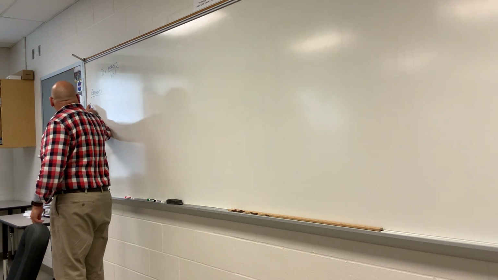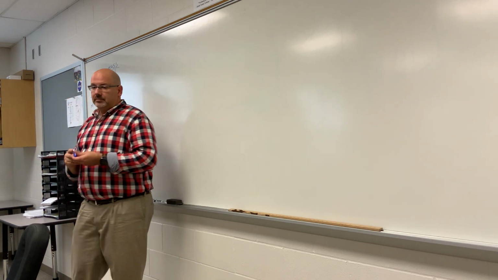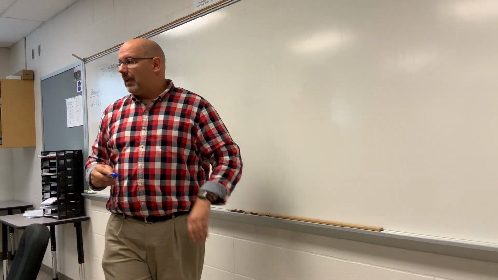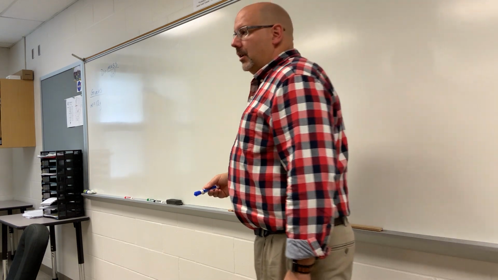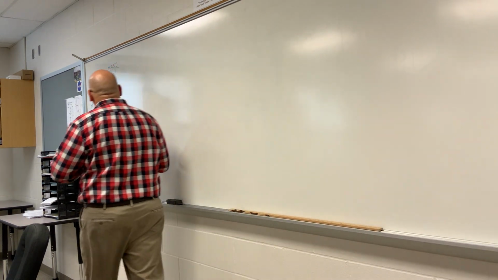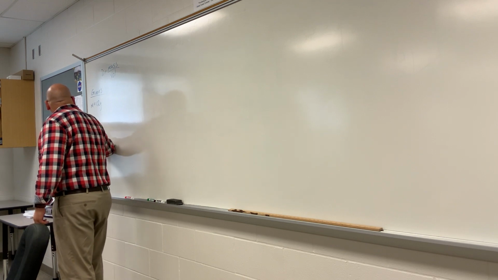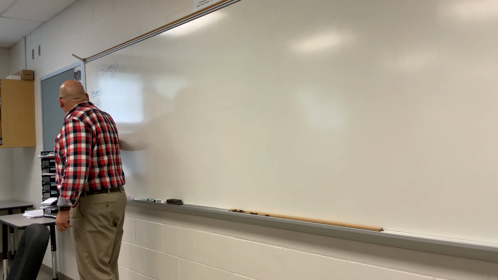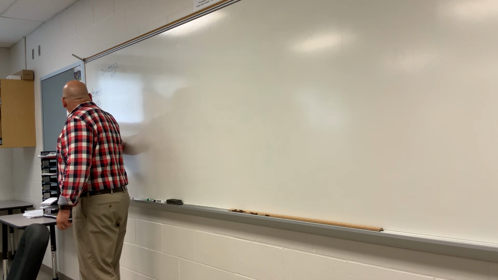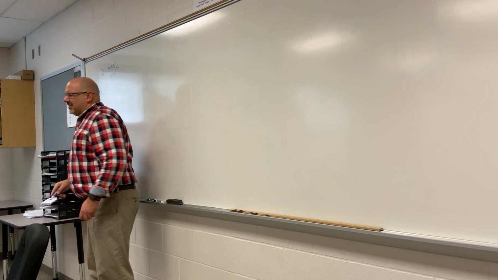So put M, or mass, is equal to 12 grams. Now, it doesn't give you the volume directly, but instead it gives you the length, the width, and the height. So put down length, width, and height: 1 centimeter by 2 centimeters by 2 centimeters. Which one is which does not matter.